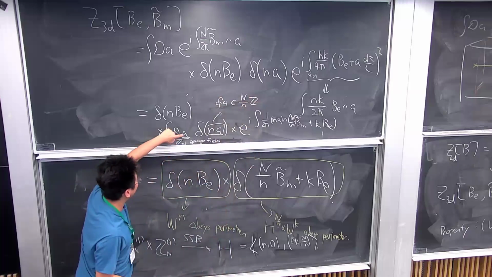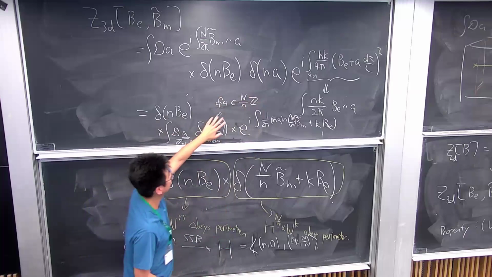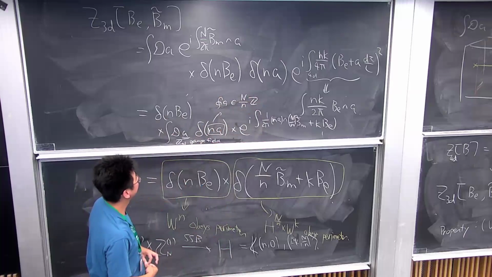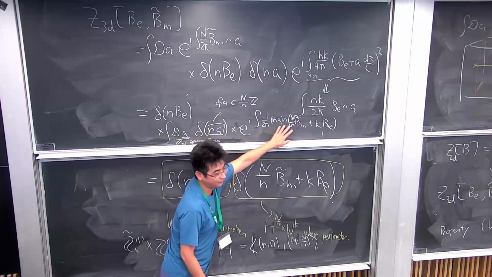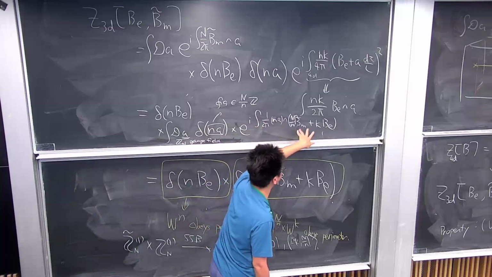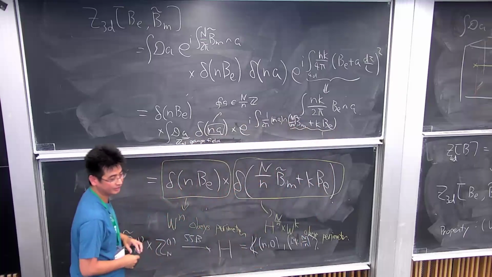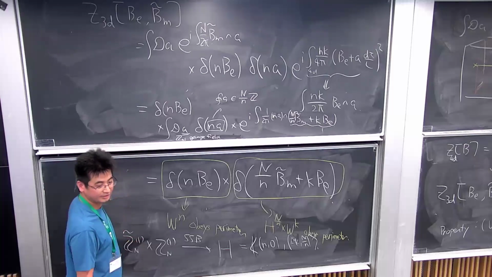But since the original n can be modulo capital N, we still have small n. So we still have a non-trivial integral and non-trivial summation, and we find that this part should be 0 modulo capital N.